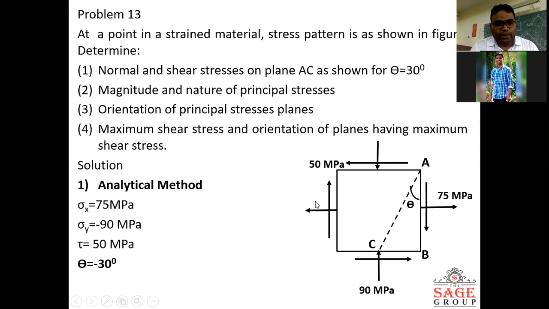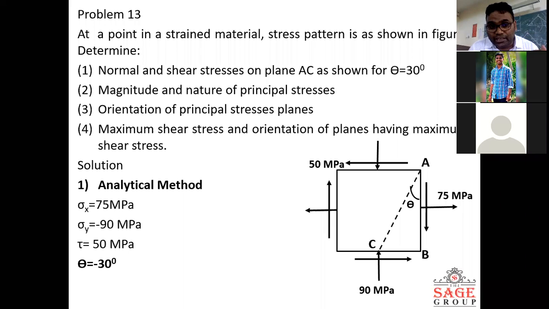Second, we have to calculate the magnitude and nature of the principal stresses. First we find the magnitude, sigma 1 and sigma 2. Then the nature of the principal stress, whether it is tensile or compressive. Then the orientation of the principal stress, which means we have to find the values of theta 1 and theta 2.